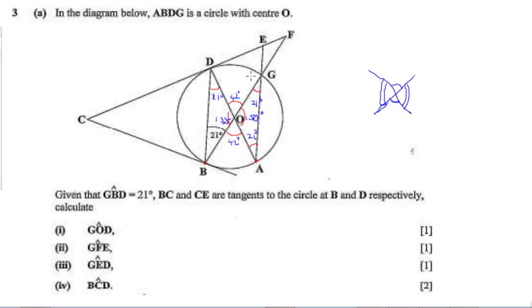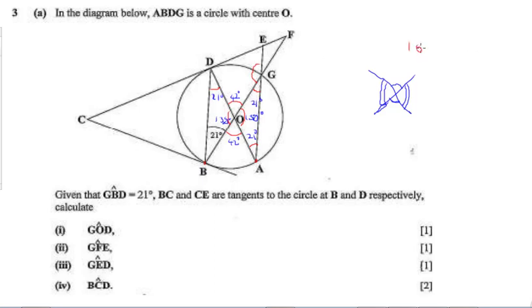So if we've got 180 degrees, it means that this angle that's from E up to line B should be 180 minus 21 degrees. So this angle here is simply 180 minus 21.